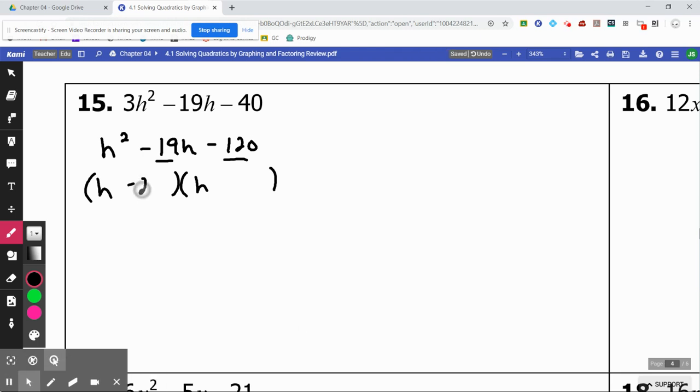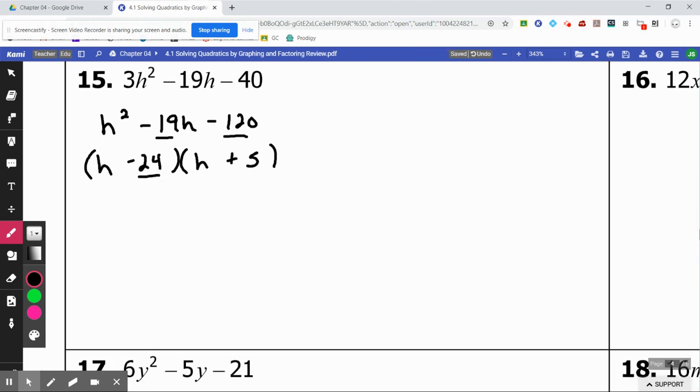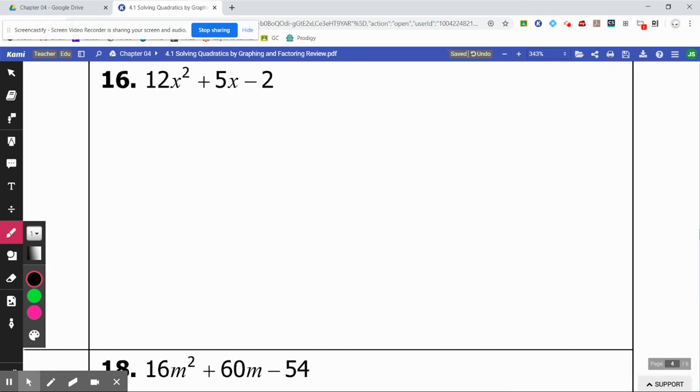This will be a negative 24 and a positive 5. We are now going to divide by the number that you slipped, and that will be an h minus 8. And you cannot reduce this, so therefore move the 3 back up front, and that'll be 3h plus 5.